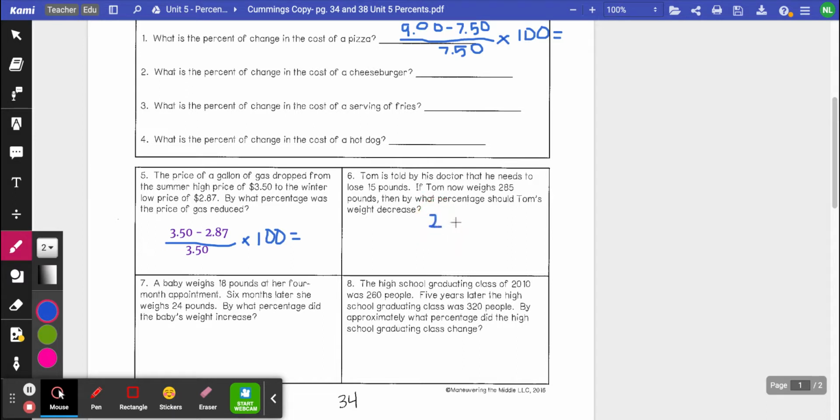So it would be 285 minus 270. You would divide that by his original weight, which is 285, and then you would multiply that by 100. So you're going to do that, and you should get an answer.